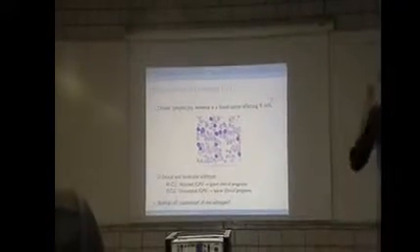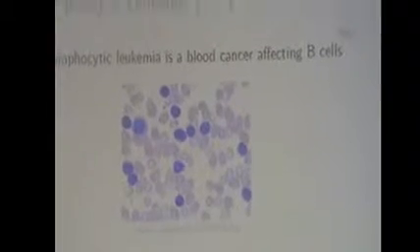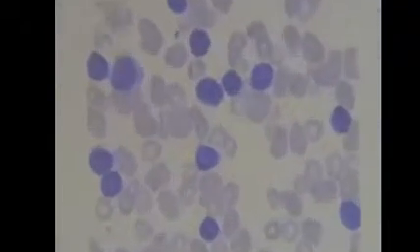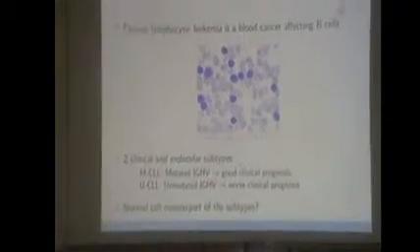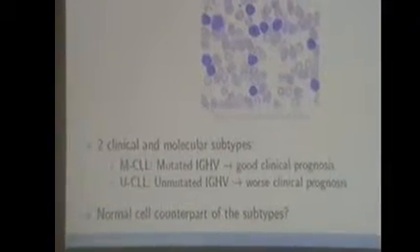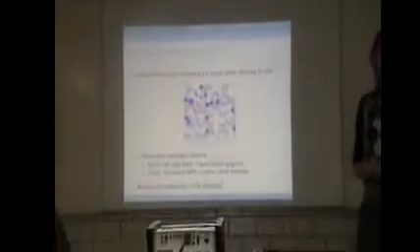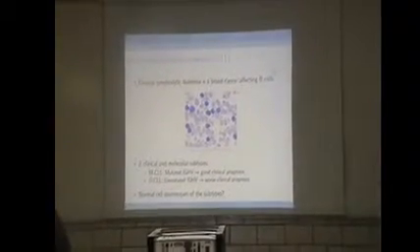Just a few words about chronic lymphocytic leukemia, which is the cancer I'm working on. Chronic lymphocytic leukemia is a blood cancer which affects the B cells, so cells important in our immune system, which has two important clinical and molecular subtypes. So there is the subgroup which is called MCLL and the subgroup which is called UCLL.